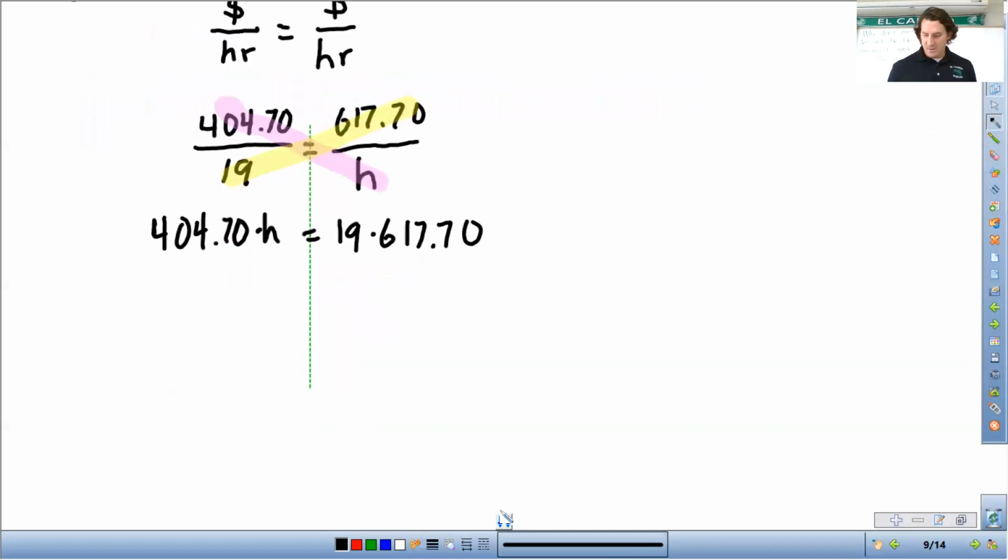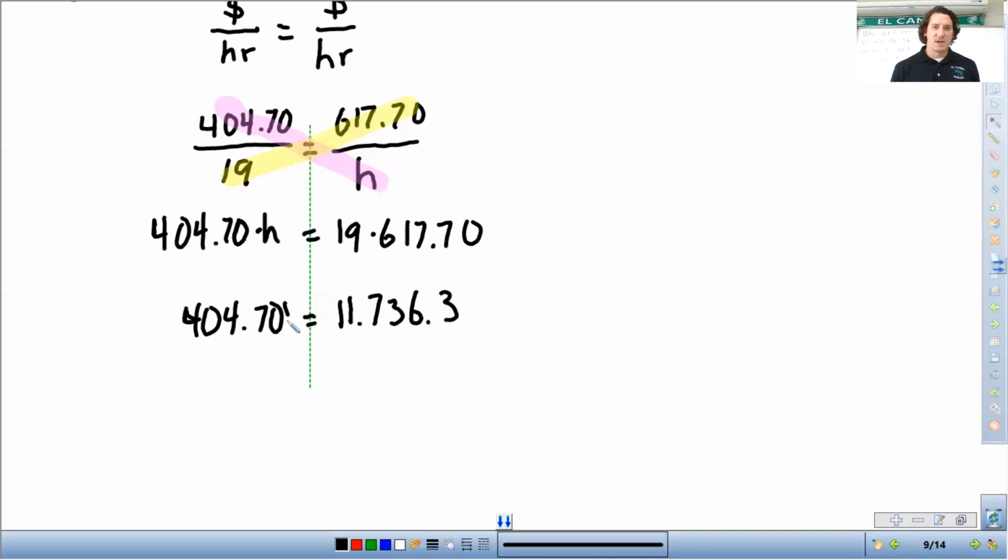So multiply that out, 19 times 617.70. That comes out to 11,736.3. And then over here, 404.70 times H. And then the last step is to divide both sides by 404.70.